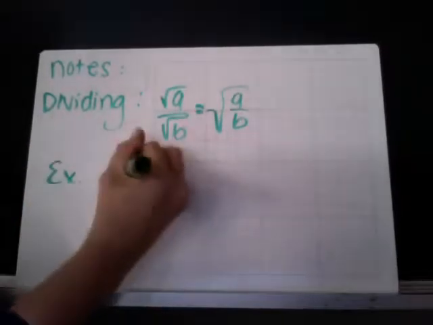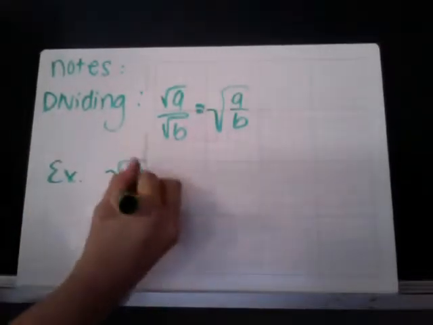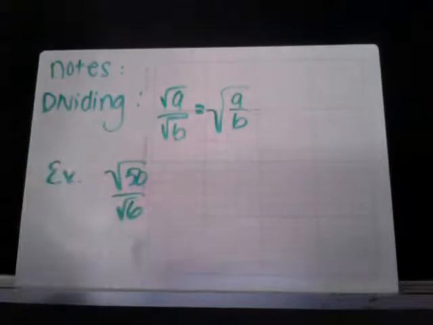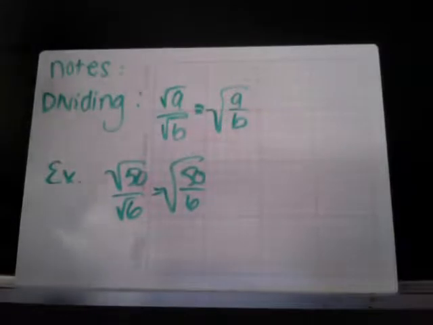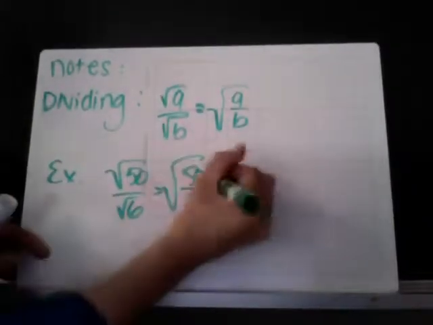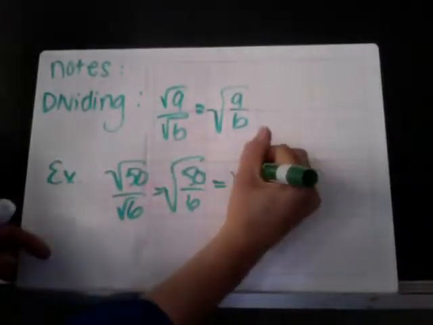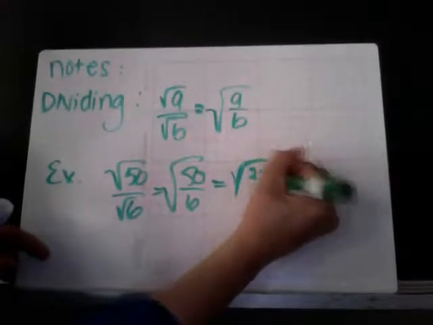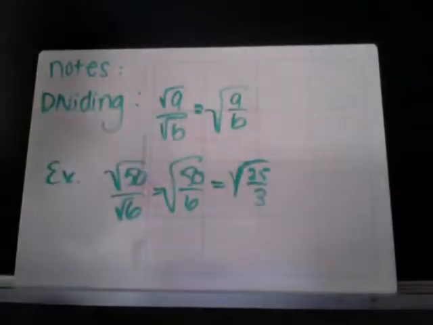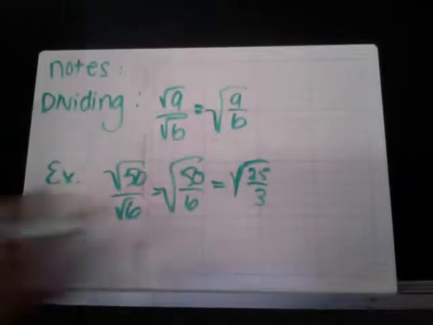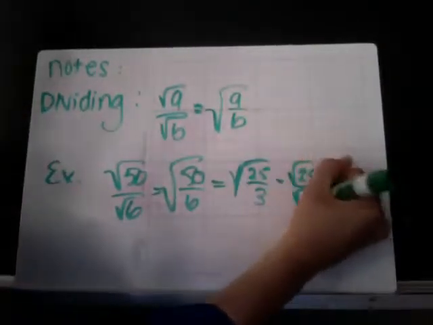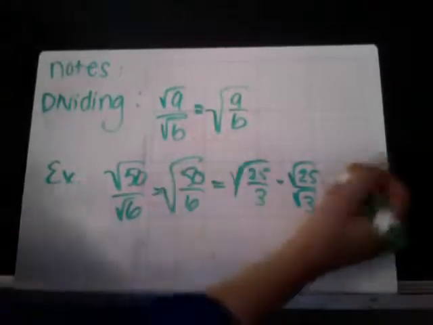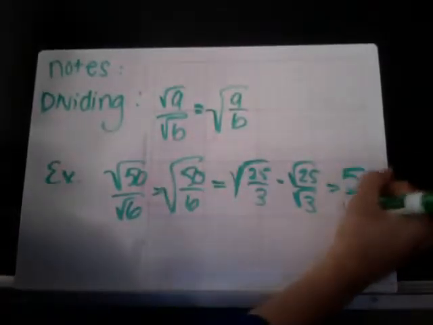If I have the square root of 50 divided by the square root of 6, if I put that under one radical, 50 over 6, well, it doesn't simplify to be an integer. It does simplify a little bit though, so I would get the square root of 25 over 3. But I can't have a fraction under there, so I need to break it apart again and then evaluate the numerator and the denominator. Now the square root of 25 is 5, so that's nice.